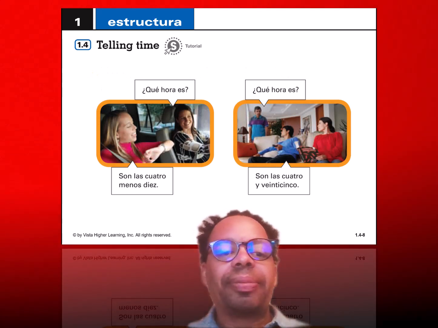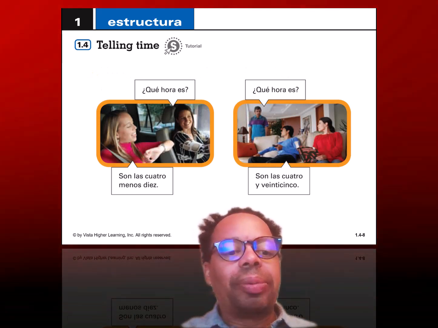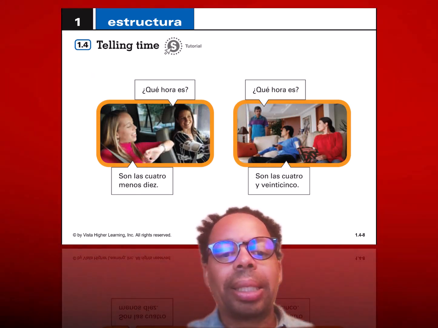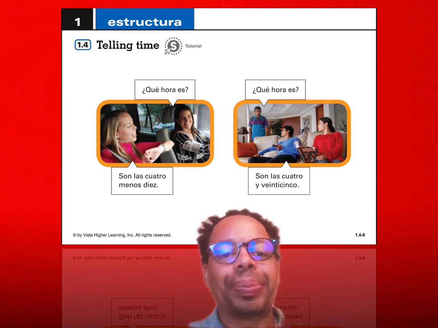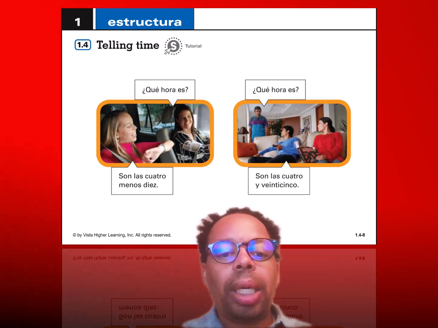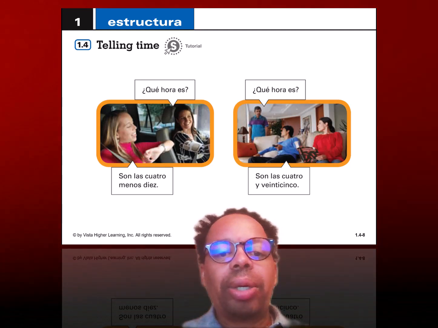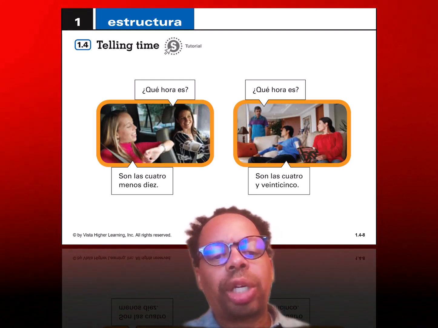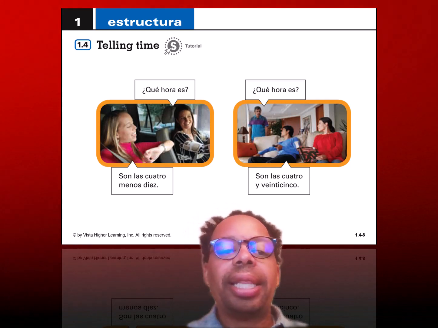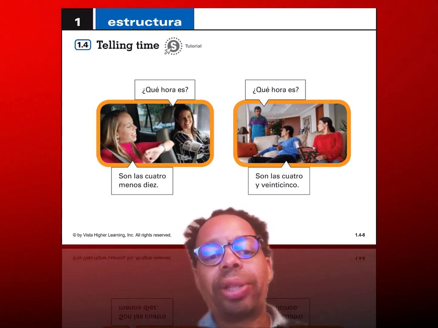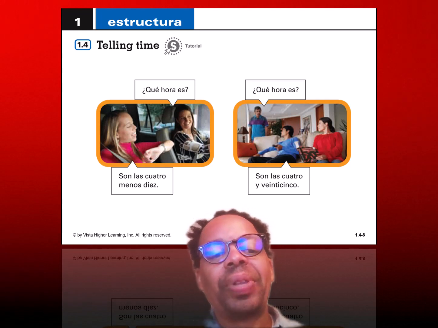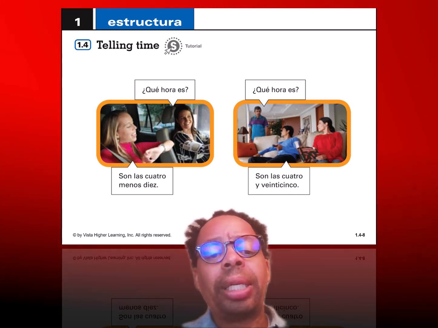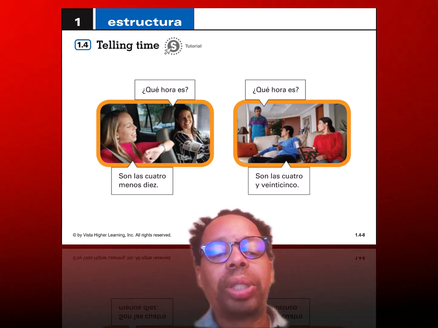Lastly, ¿qué hora es? Son las 4:10. ¿Qué hora es? Son las 4:25. Just pay attention to the constructions you see here: if our minutes are between 1 and 30, we're going to use E, and if our minutes are between 31 and 59, we're going to use menos.